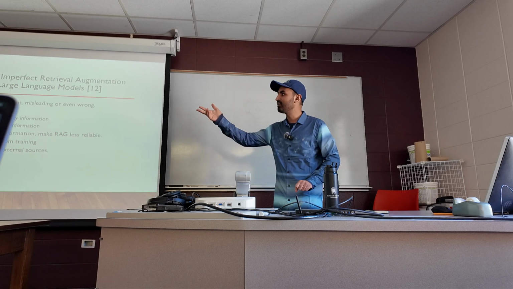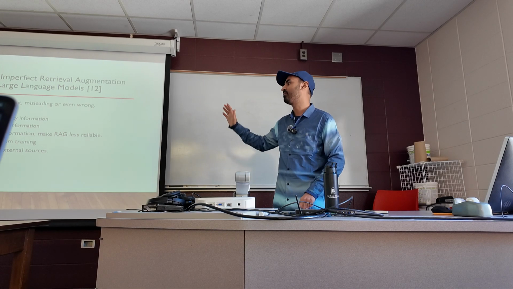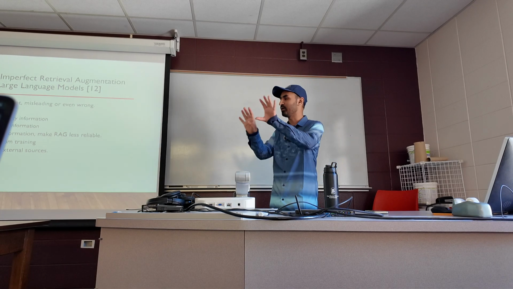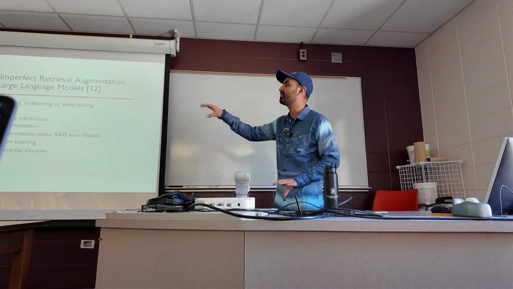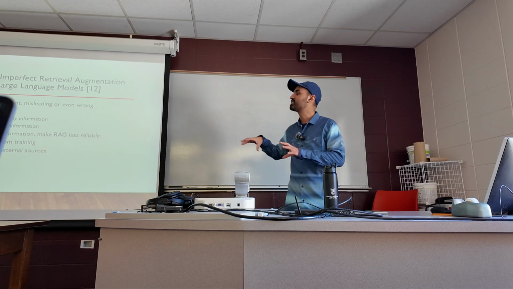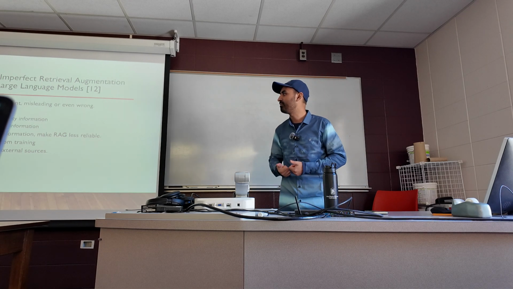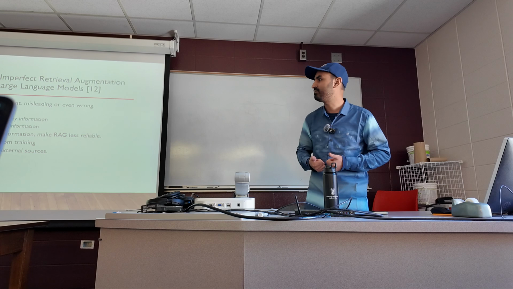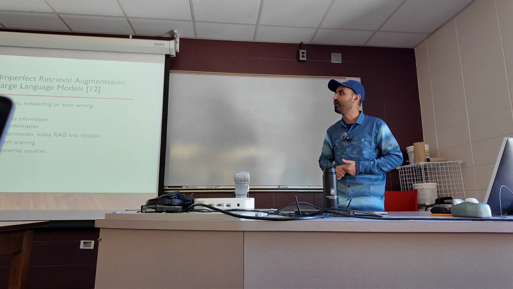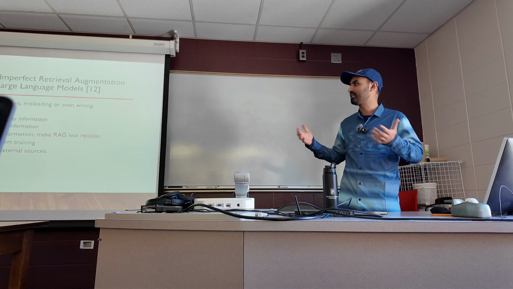What is internal knowledge? What the LLM already knows from training. From the training, the LLM says, okay, I know this thing. What is external knowledge? The LLM retrieves some information from external sources, suppose RAG. This is called external knowledge. The problem is when the LLM uses bad information. What is bad information?